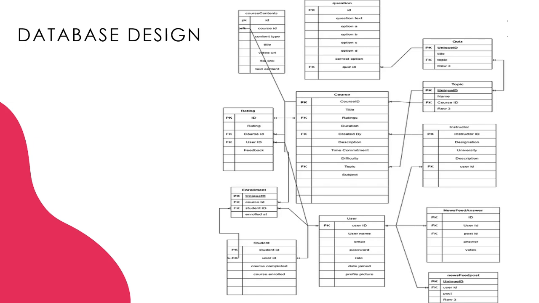Students can enroll in courses via the enrollment table. Here is the enrollment table. We also implemented a forum using newsfeed post and newsfeed answer models for discussions and Q&A. The quiz and question models help assess learners, while the rating system allows feedback and improvement. Overall, our database is modular, consistent, and easy to maintain using Django's ORM and admin panel.